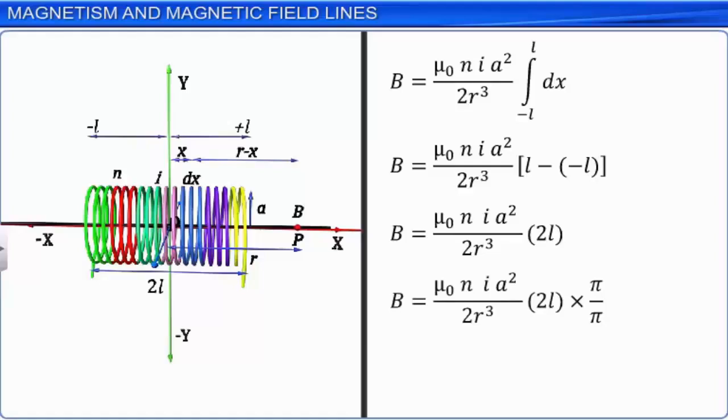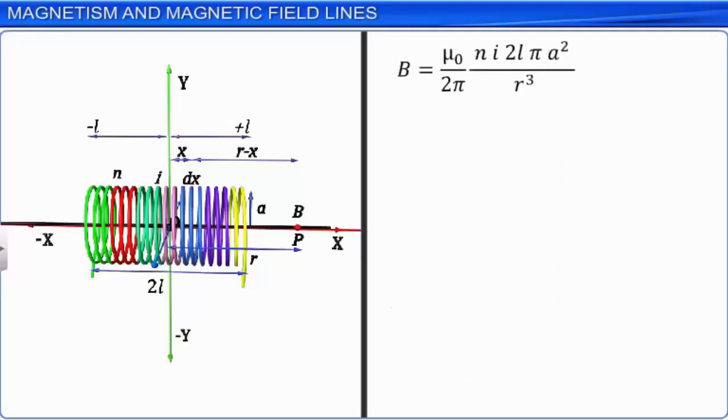We learnt earlier that a current-carrying loop behaves like a magnetic dipole, and its dipole moment is given by M = I A, where A is the area vector of the loop. The solenoid consists of n number of loops per unit length. I is the current through the solenoid, and A is the radius of each loop.